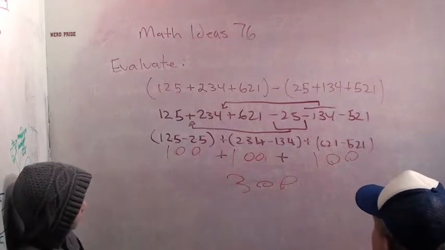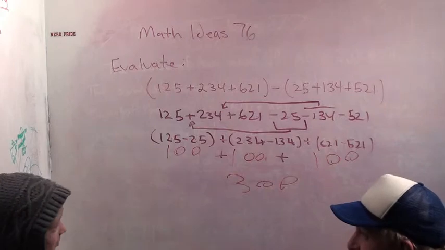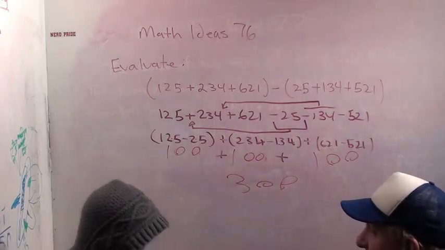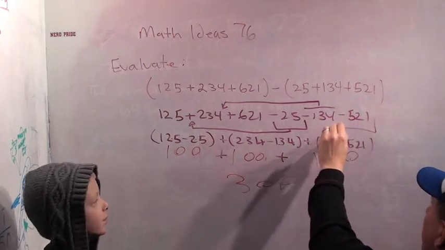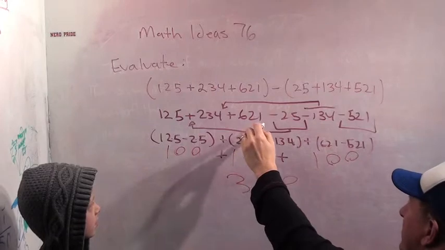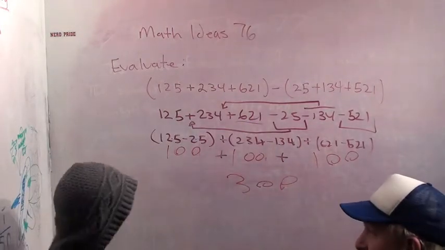What's minus 134's friend's name? 234, because it's really easy to subtract them. And then 521 commutes over here and meets another friend, 621, and they subtract really nicely. And that's how we get 300.